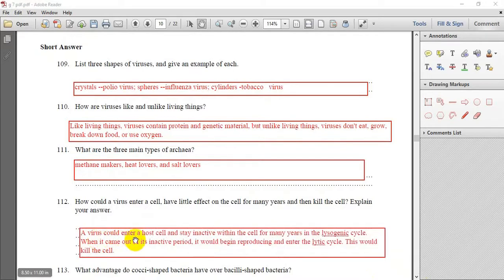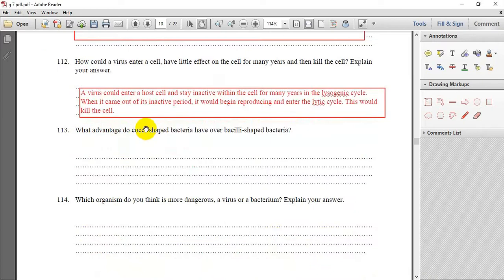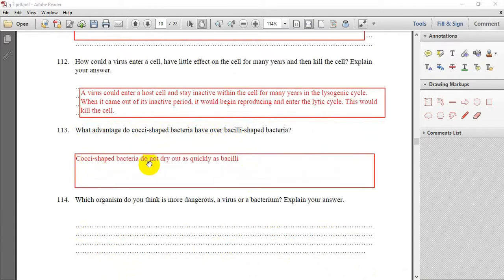So a virus could enter a host cell and stay inactive within the cell for many years in the lysogenic cycle. When it came out of the inactive period, it would begin reproducing and enter the lytic cycle, and this will kill the cell. The cocci shape, which is a bowl or sphere shape of bacteria, has an advantage over bacilli shaped. Cocci-shaped bacteria do not dry out as quickly as bacilli, because bacilli have more surface area, so they dry quickly, but cocci don't dry up as quickly.